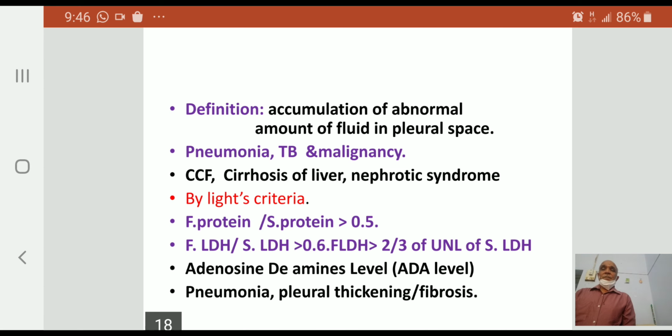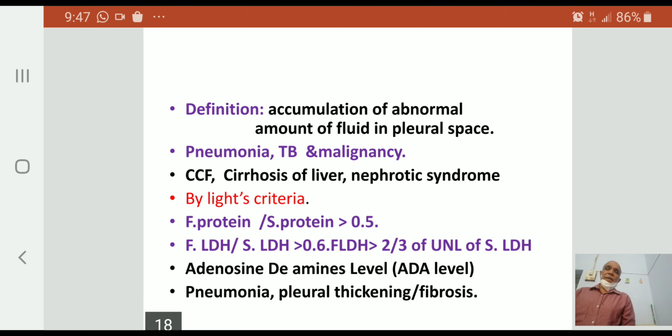We can differentiate exudative from transudative effusion by Light's criteria. There are three components of Light's criteria. One: the ratio of protein in the fluid to protein in the serum is more than 50%.